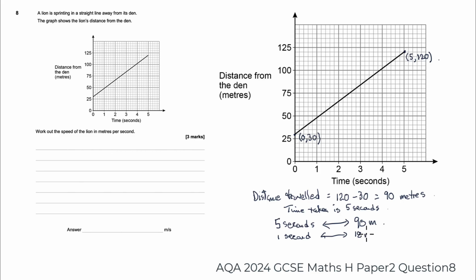You get 18 metres. So the speed, that's exactly what a speed tells you, is how far it's travelled in 1 second. That's 18 metres per second. So the answer, 18. And there's metres per second.